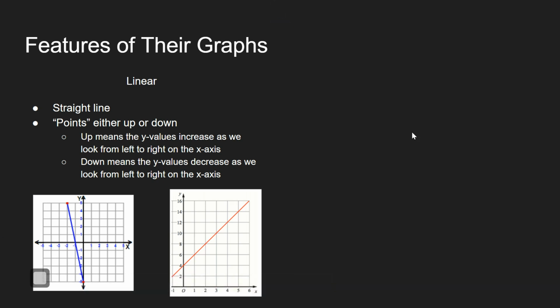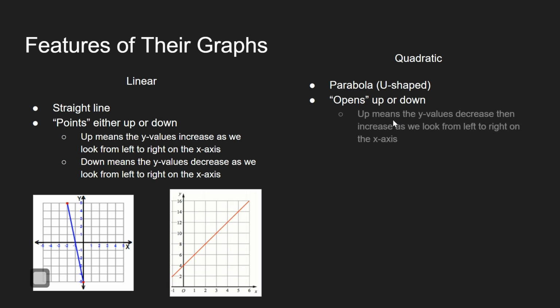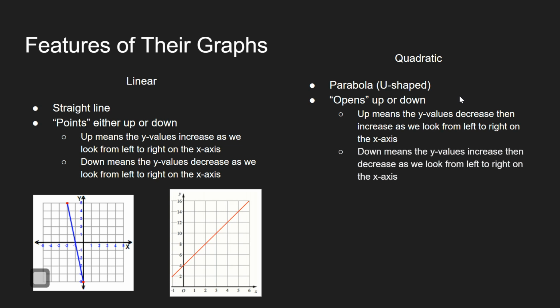Quadratic equations are parabolas. They have that U shape to them. They either open up or open down. They cannot open sideways. Up means that the y values decrease, then increase as we look from left to right. Down tells us that the y values increase, then decrease.